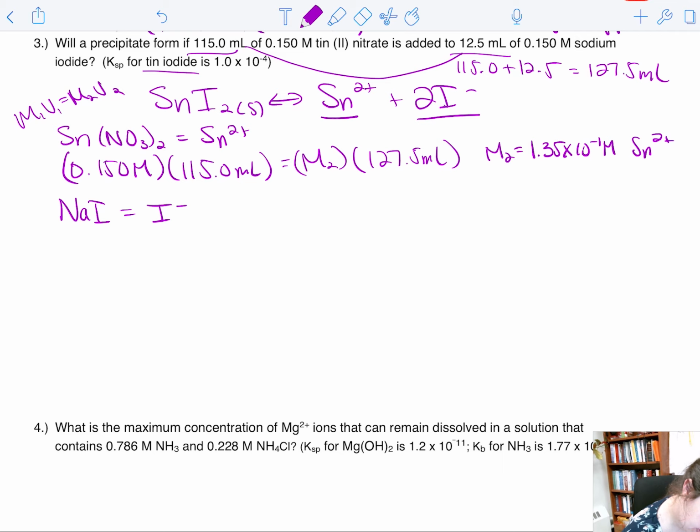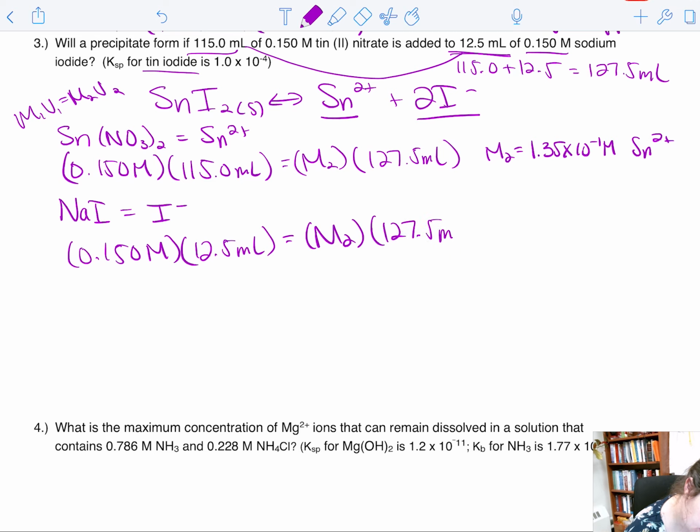We start out with 0.150 molar and 12.5 milliliters. Solving for M2, the final volume is the same, 127.5. We get an M2 equal to 1.47 times 10 to the negative 2 molar iodide.